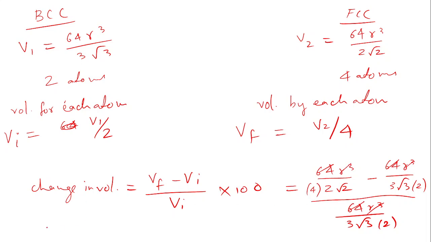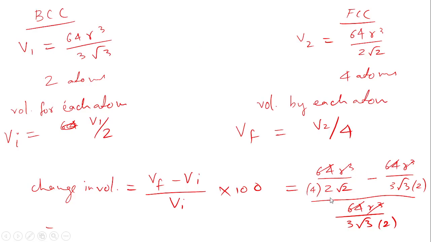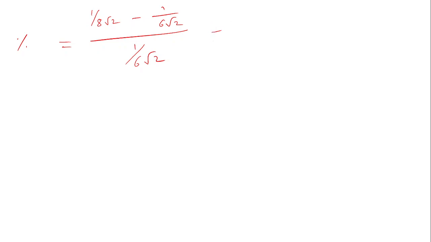So the percentage change in volume will be 1 over 8 root 2 minus 1 over 6 root 2, divided by 1 over 6 root 2, and then multiplied by 100, of course.